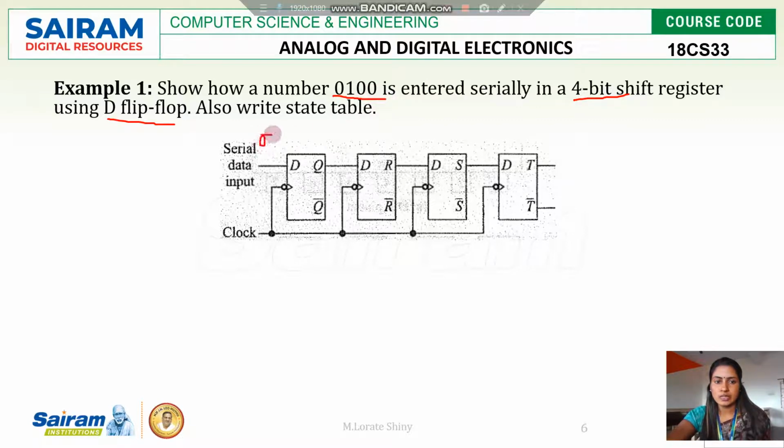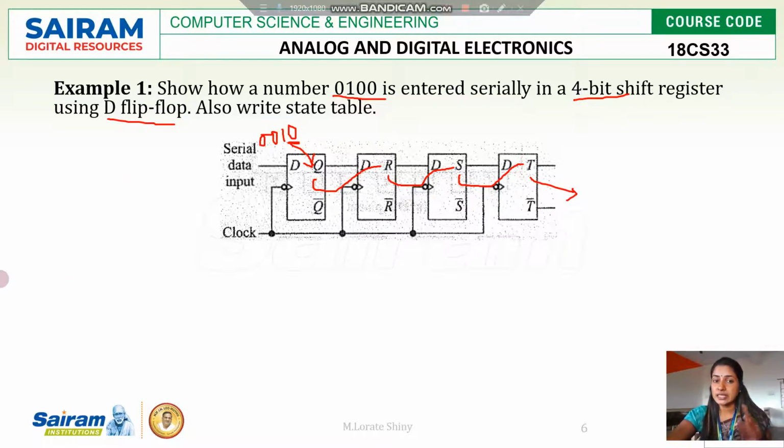So serial input is 0. You have to write it like this: 0 0 1 0. My first serial input is D, that will be given to Q. So 0 will be the current state of Q, then the previous state of Q will be the current state of R, previous state of R will be the current state of S, previous state of S will be the current state of T. This will be sent out.